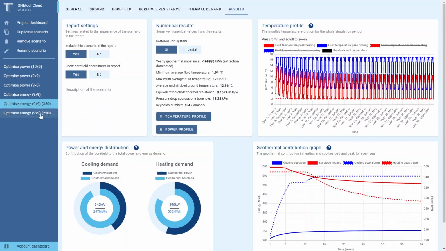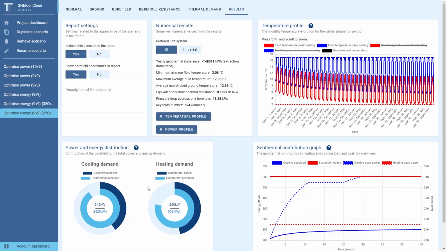So if we compare that to our previous scenario, there it was 38 with 350 kilowatts. But here, with our 250 kilowatts, we see that we can get it all the way to the last year of operation. So we have 46% of our needed power is geothermal, and the other is for a hybrid system.